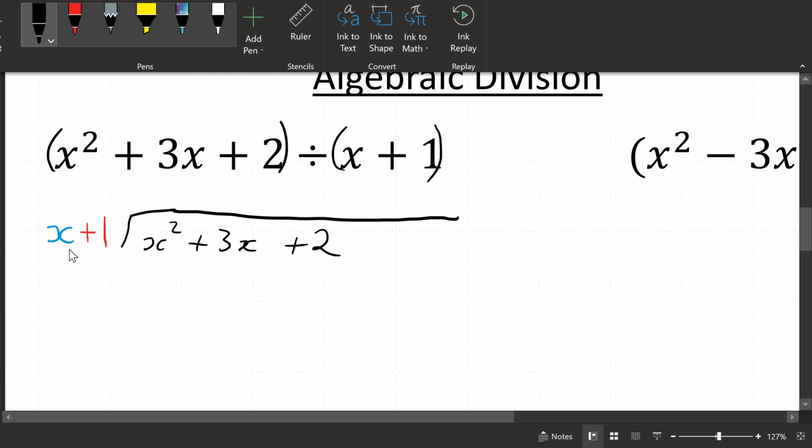So we need a value that we can multiply x by, or really we just need to look at this and go, what is x squared divided by x? Well, it's x up here at the top, okay?